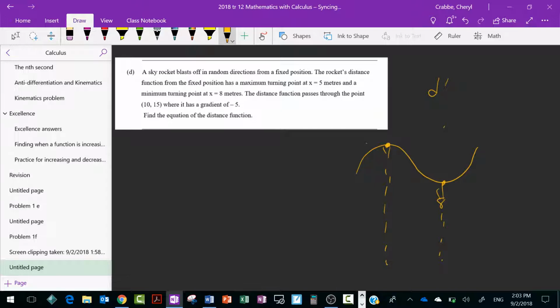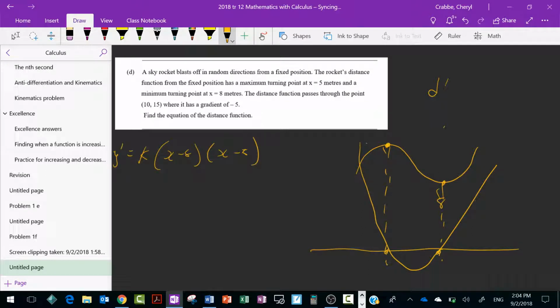So our differentiated expression is going to have a k in front of it, because we have to assume that it's k times x minus 8 times x minus 5. And that's basically what our differentiated expression is going to have to be. And you have to be able to work from that point.